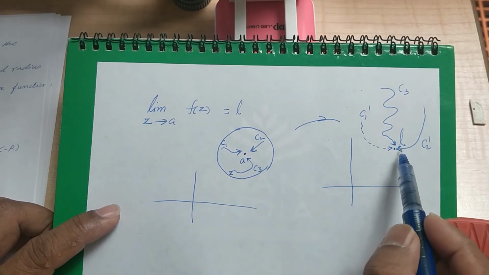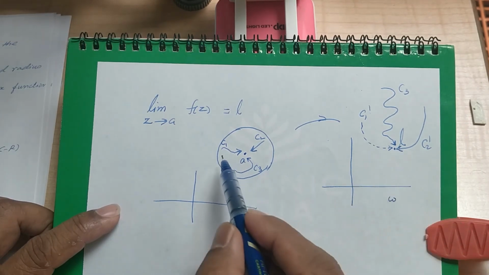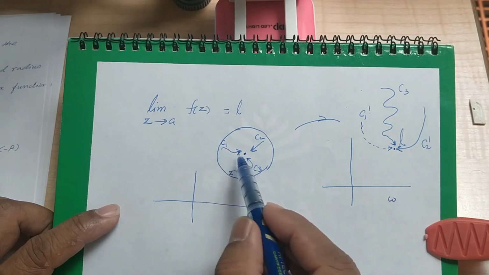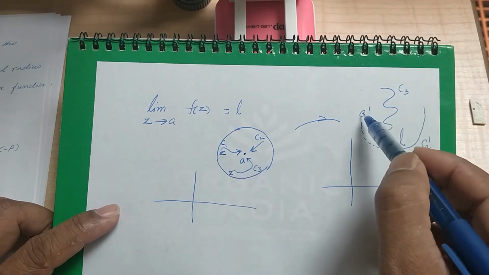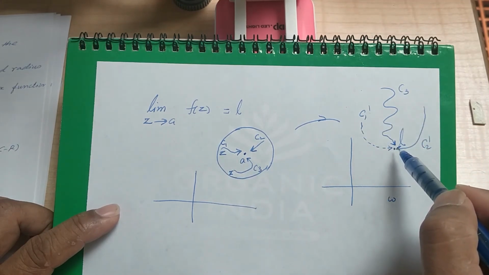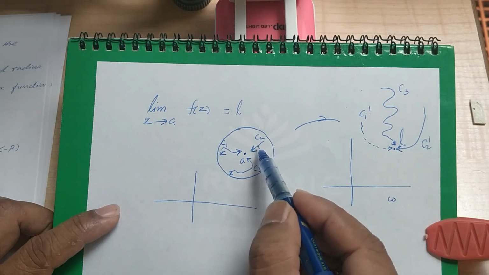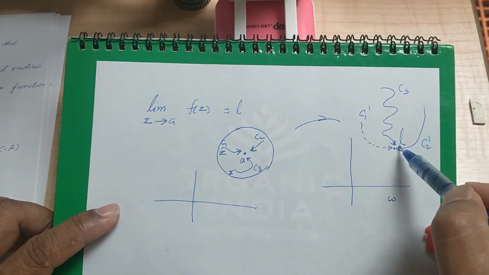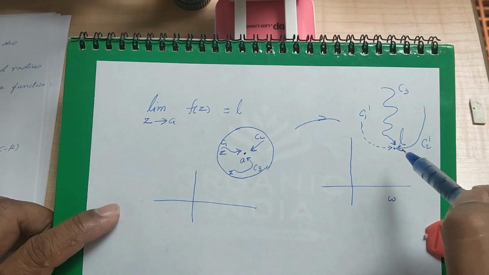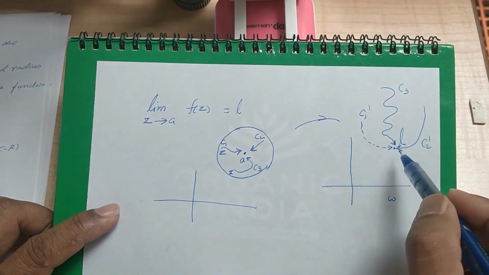So L is a point in the w plane. What I've shown here is that if z approaches a along the curve C1, its image might come along this dotted curve, approaching a certain number L. C2 dash is the image of C2, and through all these paths the function is approaching the same value L. Along C3, it is C3 dash, approaching like this.